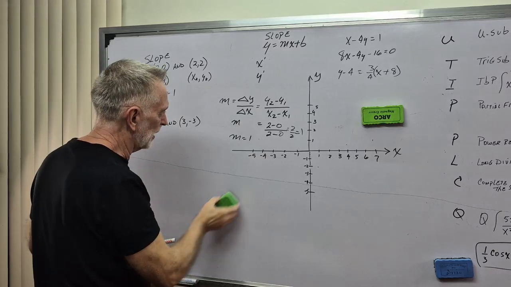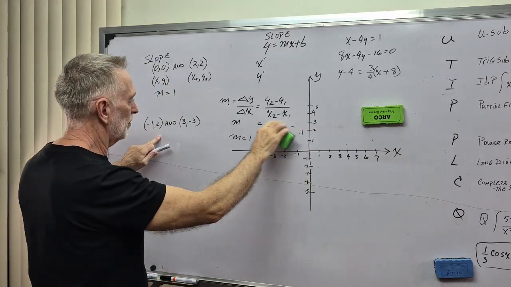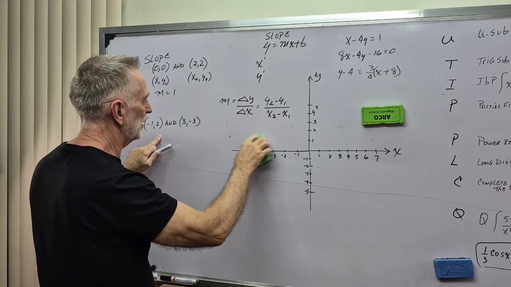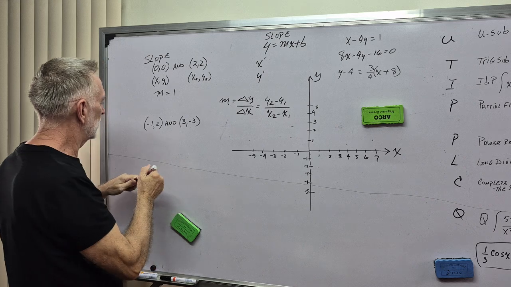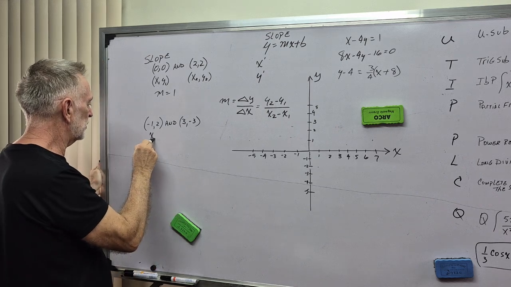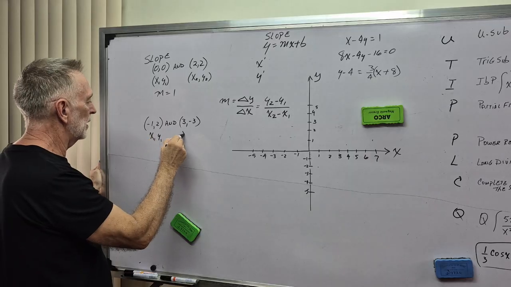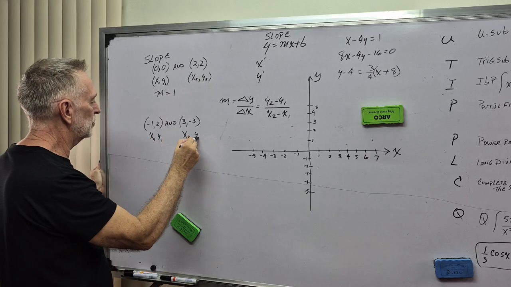All right, let's do the same thing for this problem here. What would the slope of this one be? All right, let's do the same thing. That's x sub 1, y sub 1, x sub 2, y sub 2.